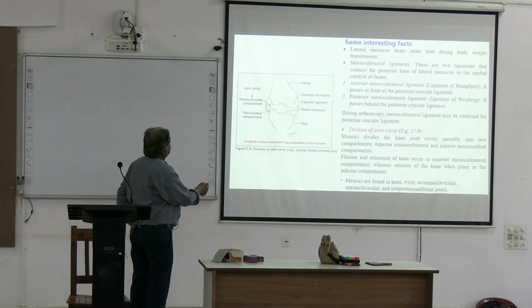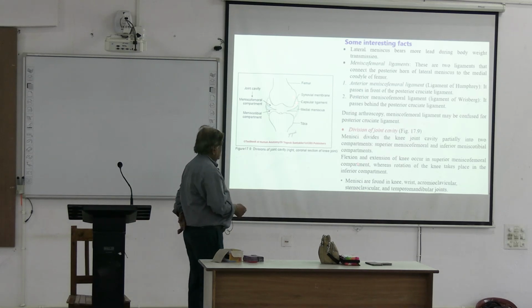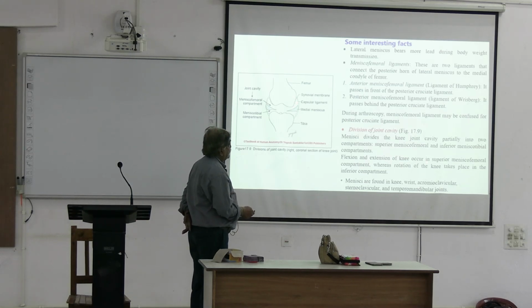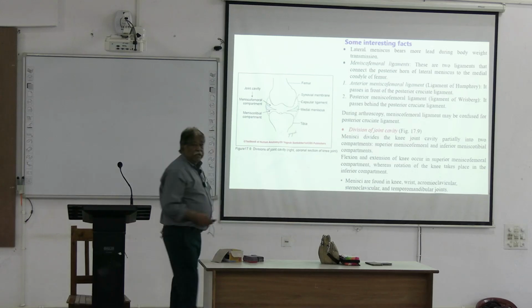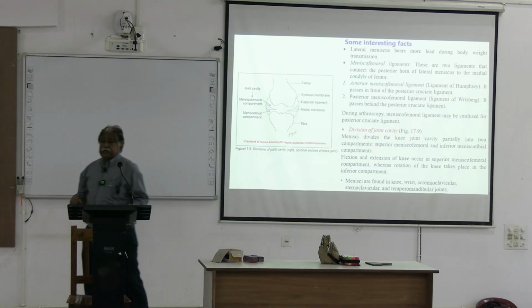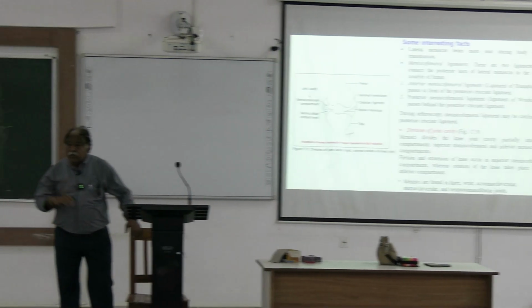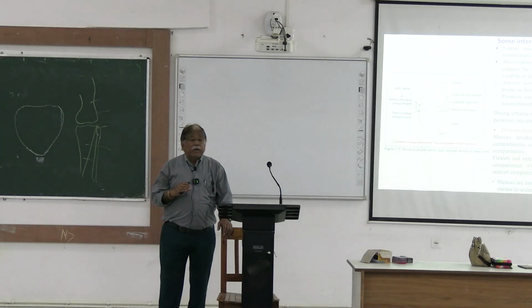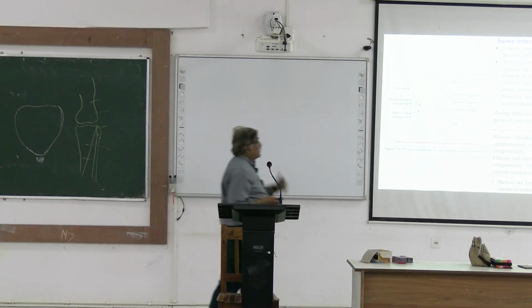Medial meniscus, capsular ligament in green and synovial membrane in red. Now, flexion and extension of the knee occurs in the superior meniscofemoral compartment, whereas rotation of the knee takes place in the inferior compartment. So see, rotation is the lower compartment, and flexion and extension is the upper compartment.